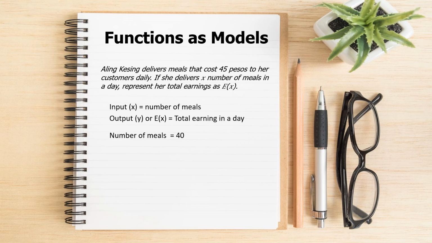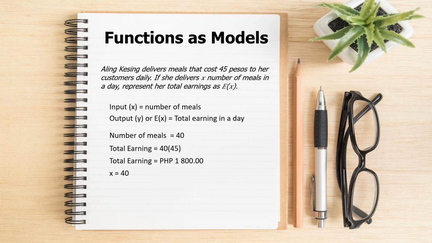Example, Aling Kising delivered 40 meals in just one day. So, what will be her total earning? Her total earning will be 40 times 45, which is 1,800. And how to translate that into a mathematical equation?